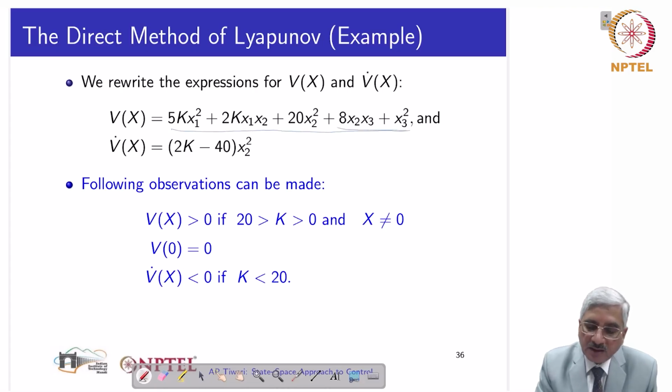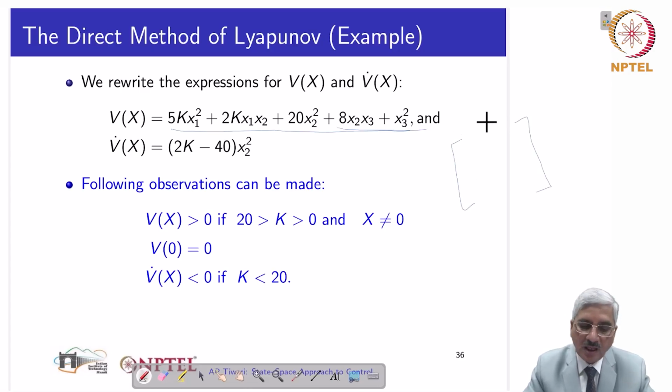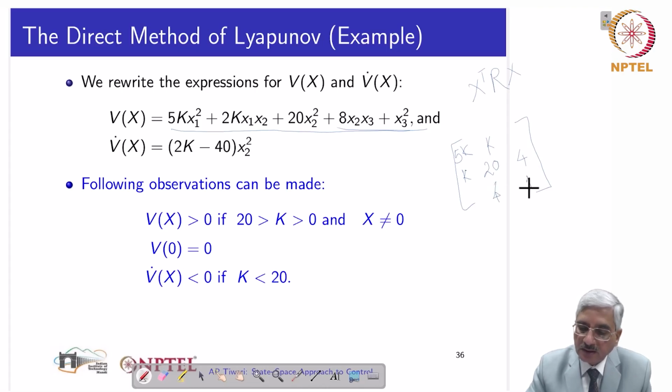As I said, in order to see the positive definiteness of a quadratic form, we can see the matrix R. If Vx is x transpose Rx, then R will be 5k, then 2k x1 x2 will give a k here and a k here, then 20 x2 square will give a 20 here, 8 x2 x3 will give 4 here and 4 here, and x3 square will give 1 here.